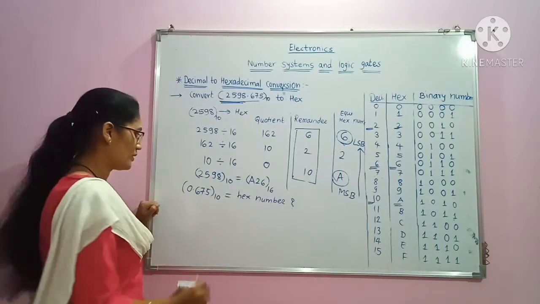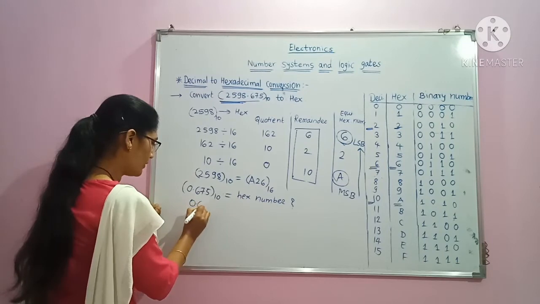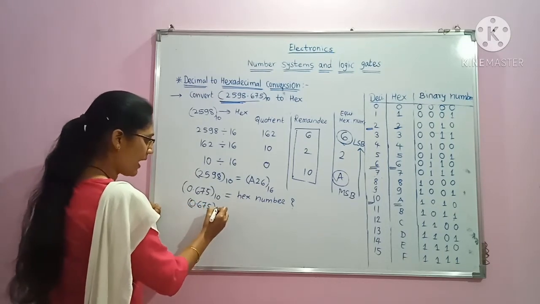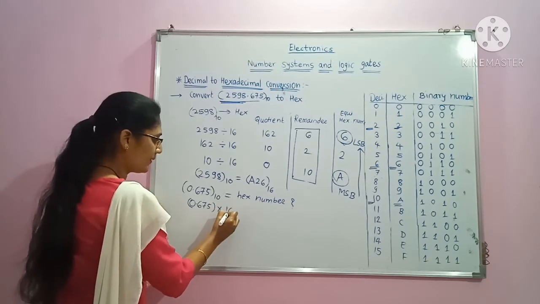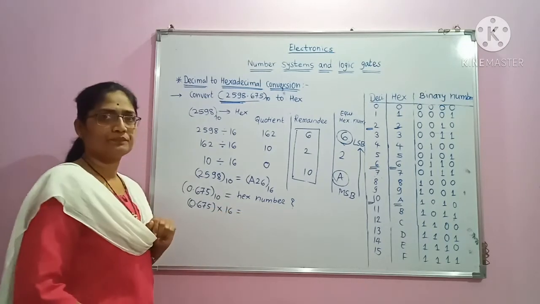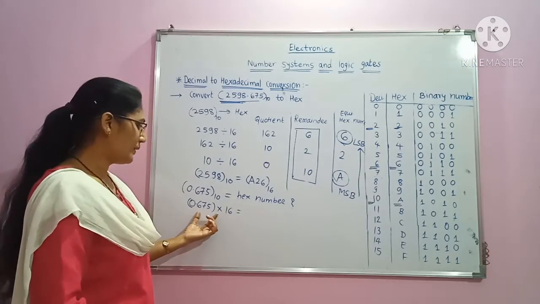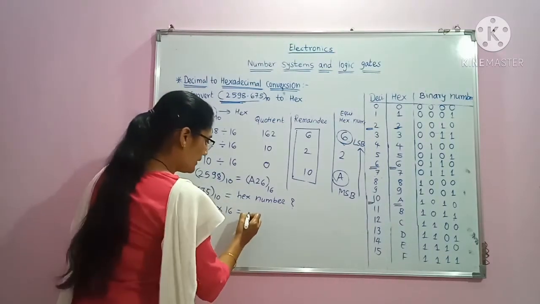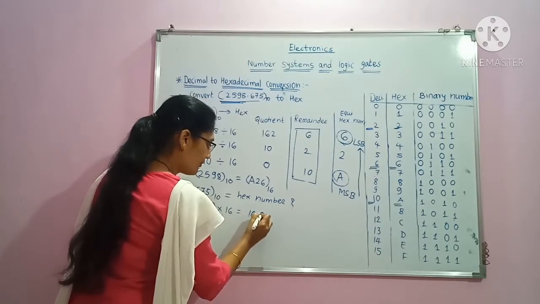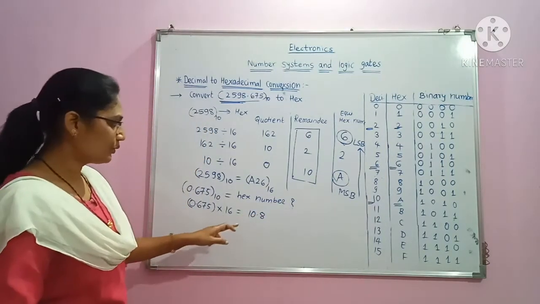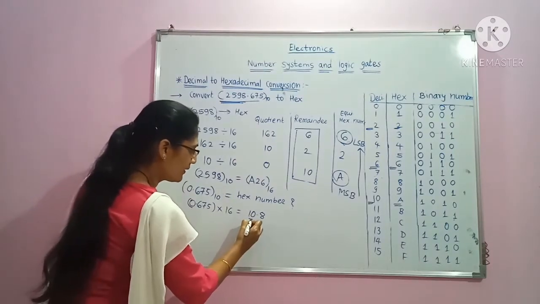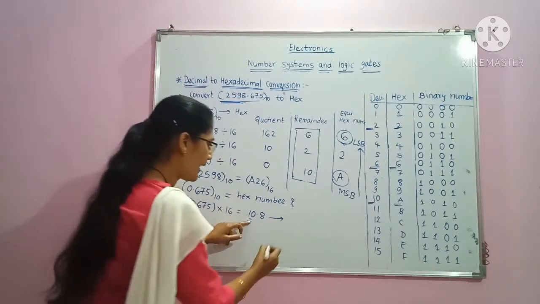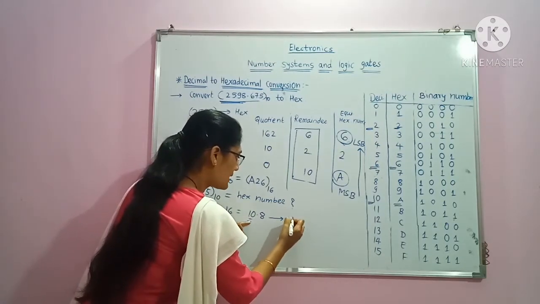This is my question. So I have to take this number and I have to multiply it by 16. So when I multiply it by 16, its value comes out as 10.8. Now split this 10.8 into a fraction part and 10 as a carry.